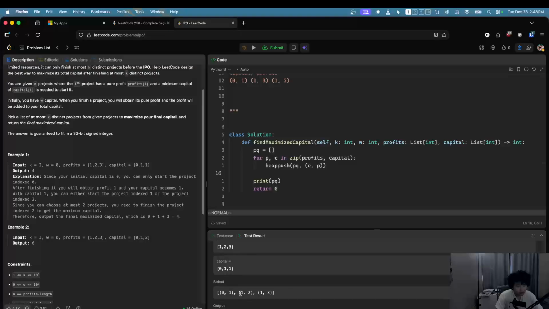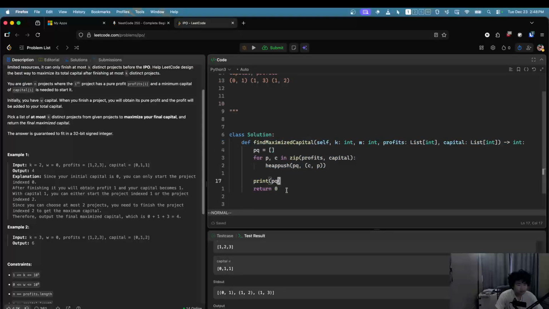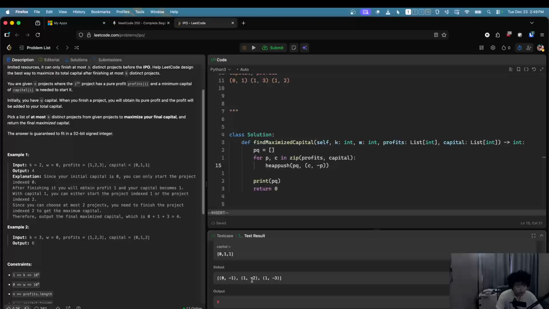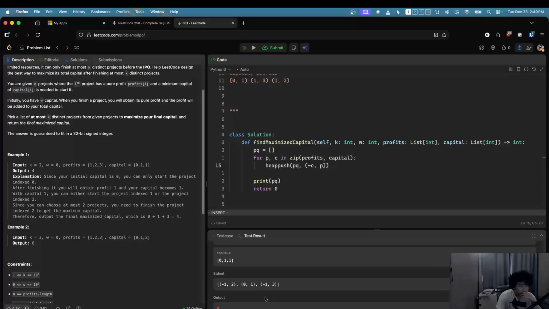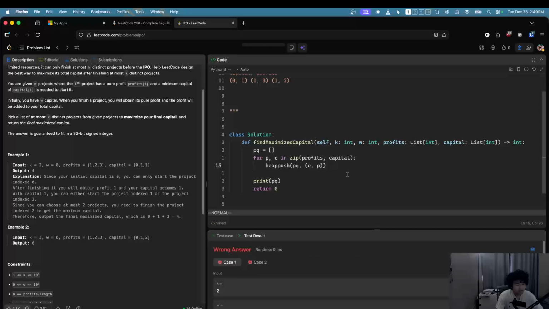Let me do a dot sort instead. Or actually, hold on, let me also put profits negative. So 0, -1, -2, yeah, that's fine. Just this then? Would that make a difference? Yeah, that just makes things worse. Okay, this is fine.